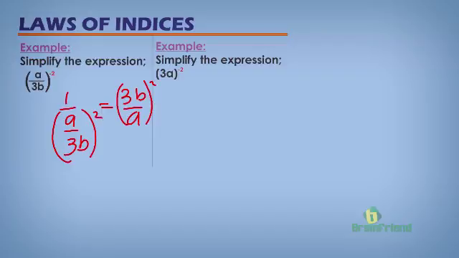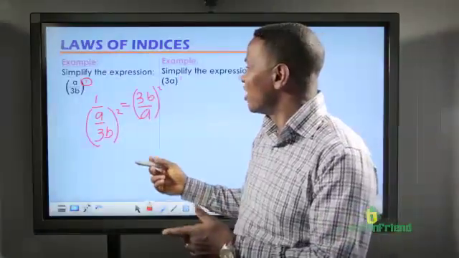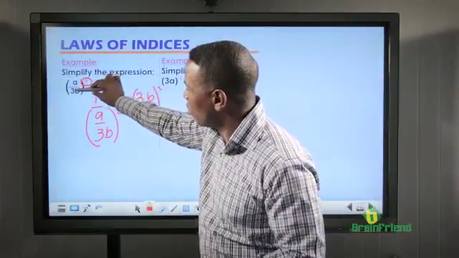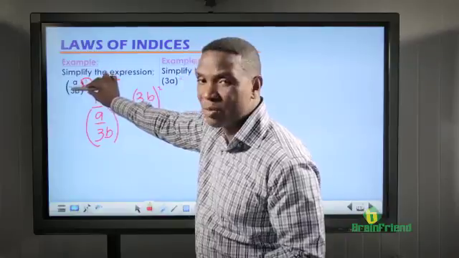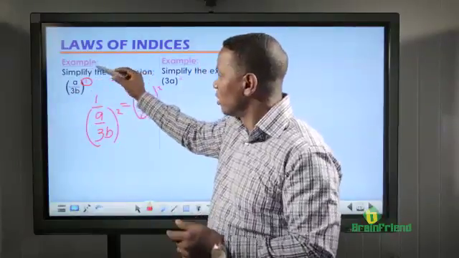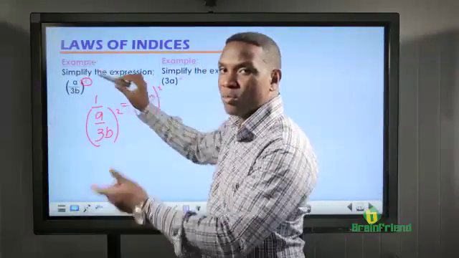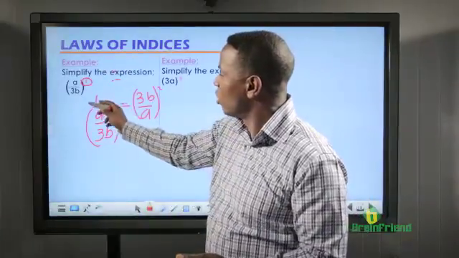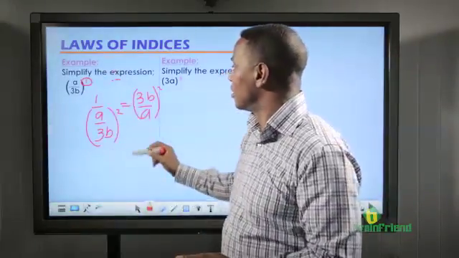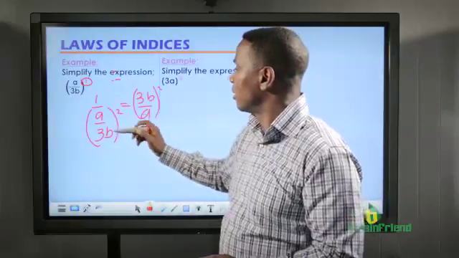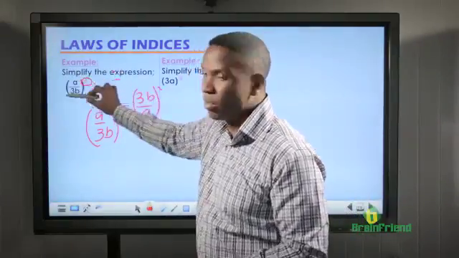So this situation gives us a general understanding that whenever you have a fraction and you have this negative power, what you are simply doing is inverting. So whatever was beneath as our denominator comes upward, and whatever was our numerator comes down. So instead of showing all of this, we could have simply said 3b all over a. That's the inversion that has taken place.